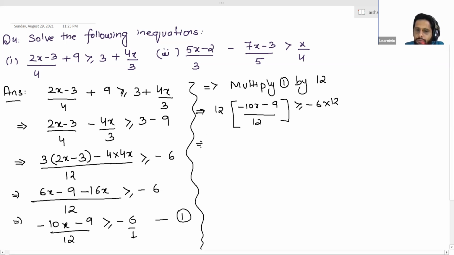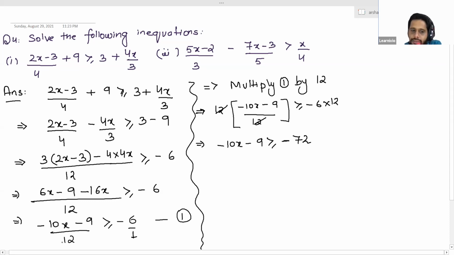Now, this 12 will cancel. So we get minus 10x minus 9 greater than equal to, multiply this, so you get minus 72. Okay. Now, Rishan, if you directly shift this 12 to the right side, you also get the same inequation. But I will suggest you don't do this. Please multiply.